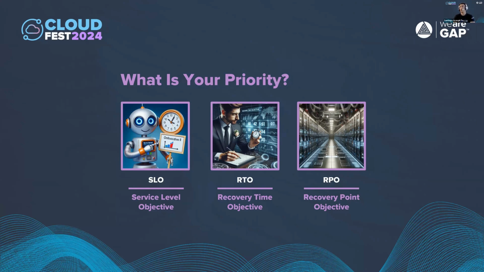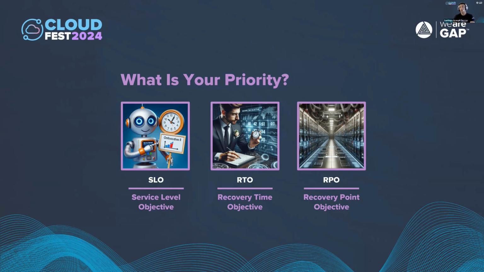Or maybe you are more concerned about having a recovery time objective. In case your application goes down, how much time can you afford to be down? Maybe some applications can be out for 5, 6, 8 hours, maybe half a day, and it has no negative impact on the end user. And maybe there are applications that can't afford to be out for more than 5 minutes. So it is pretty important to define your recovery time objectives.